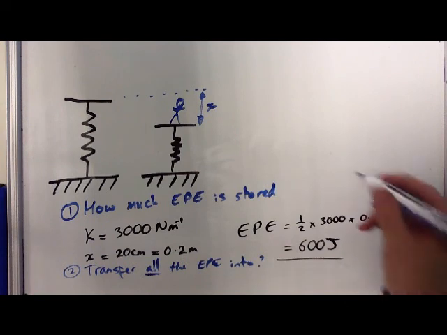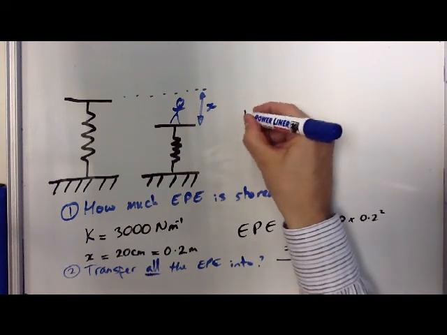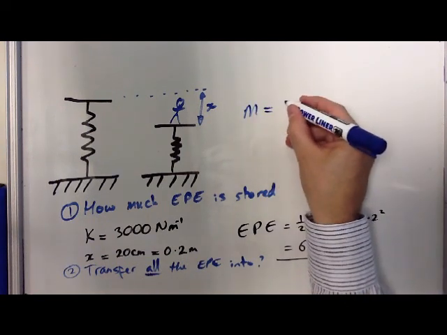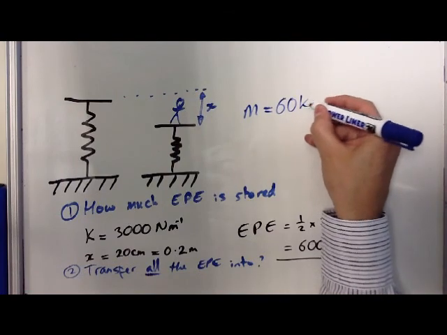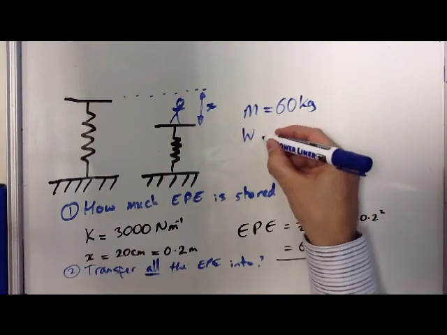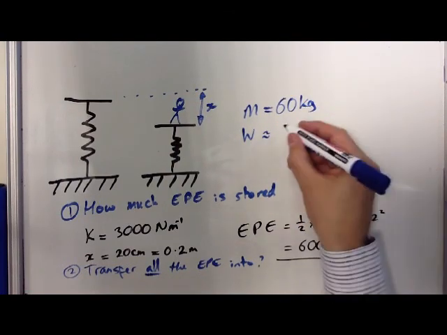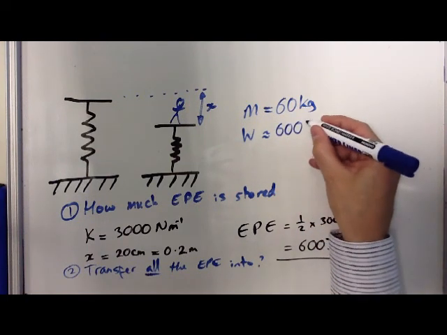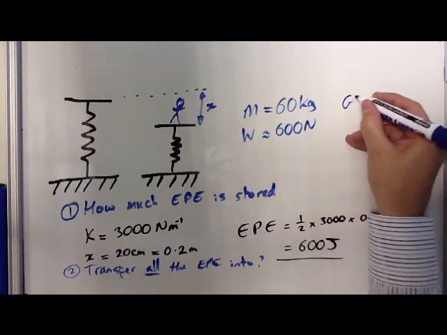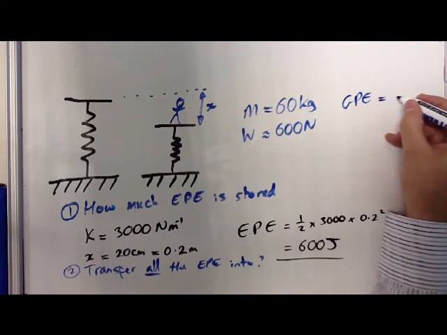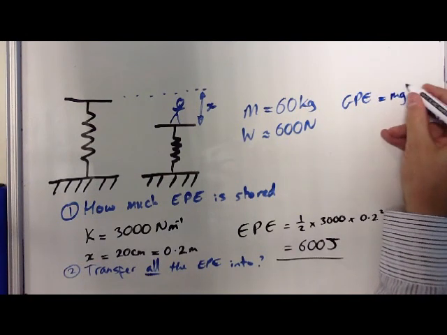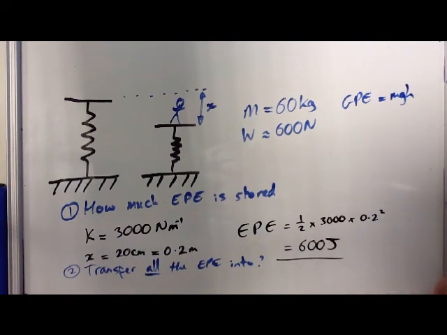So let's do that part of the question. How high will this person go? Well, if our person has a mass of, just making some numbers up, a small person, 60 kg, then their weight is approximately 600 newtons, and we know that GPE equals mgh, mass times gravity times height.